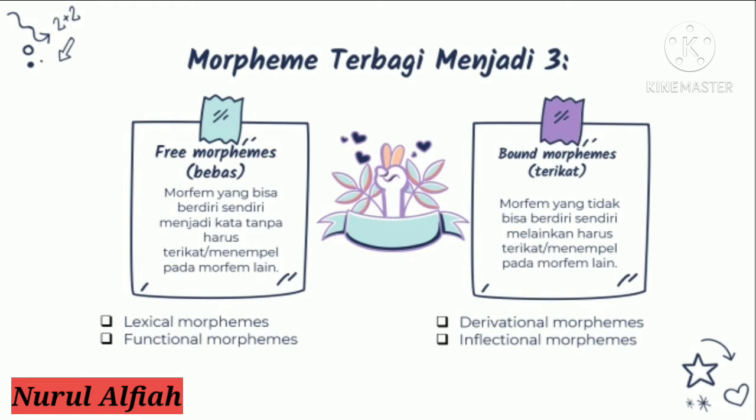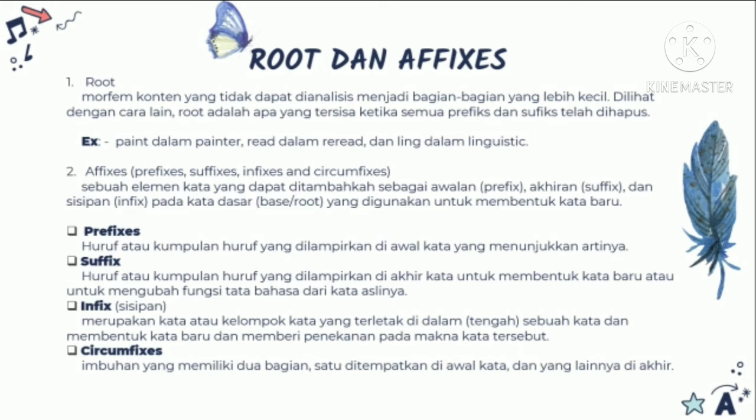Next, the second kind of morphemes, bound morphemes. Bound morphemes are morphemes that cannot stand alone but must be bound or attached to other morphemes. Bound morphemes are divided into two, namely derivational morphemes and inflectional morphemes. 1. Root words, also called stems.